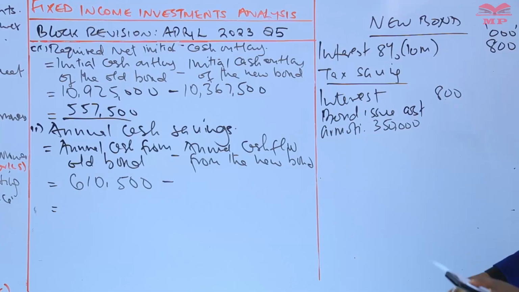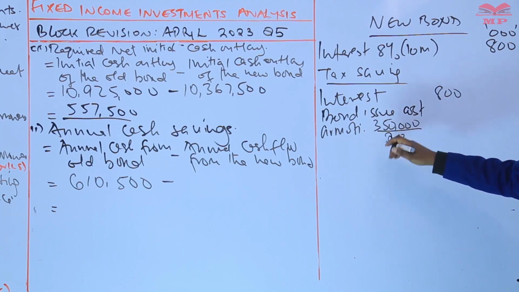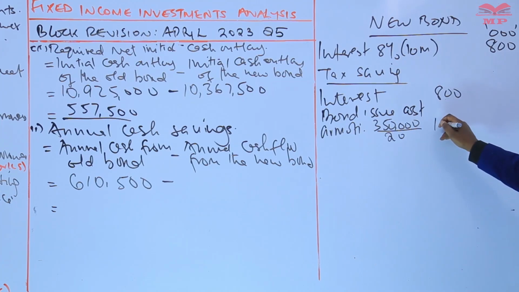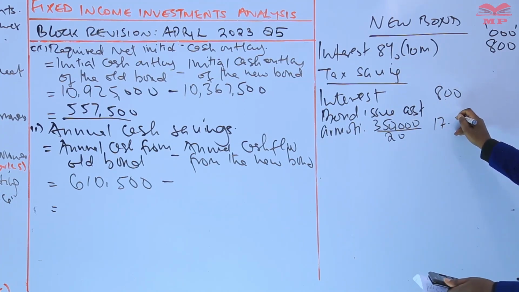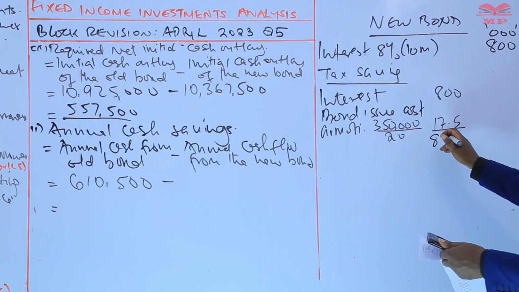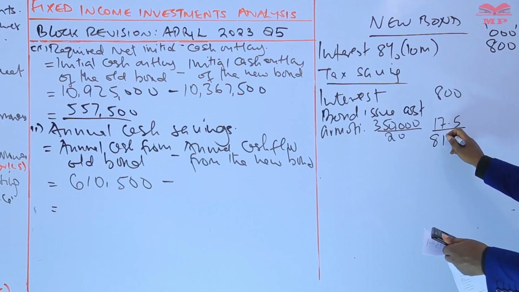The tenor there is 20 years. Divide this by 20, so you have 17,500. Then we get that total: 17,500 plus 800,000 is equal to 817.5.